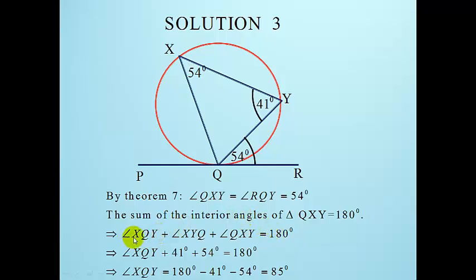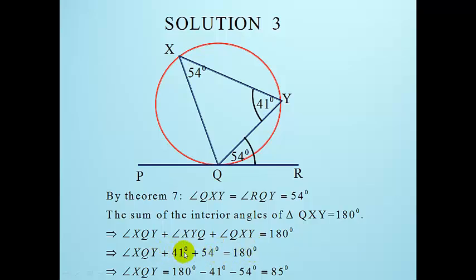So we have angle XQY, that's the angle at Q, plus angle XYQ, that is 41 degrees, plus angle QXY, that's 54 degrees, is equal to 180 degrees.